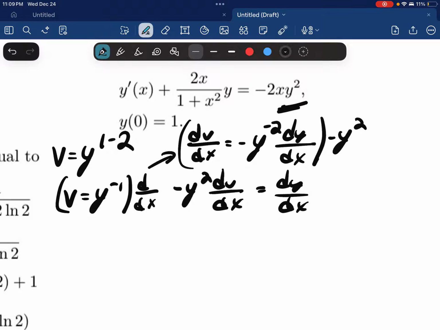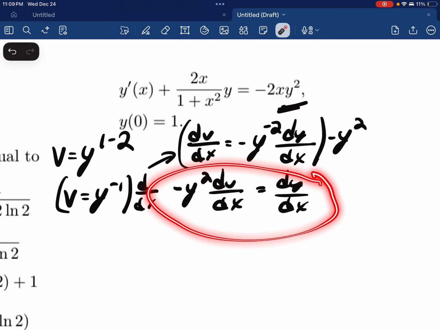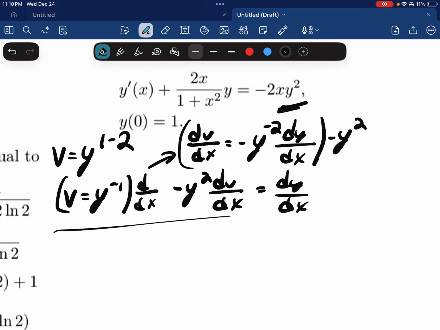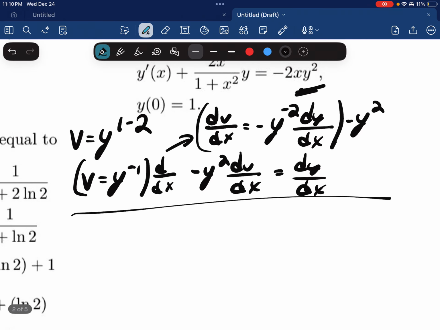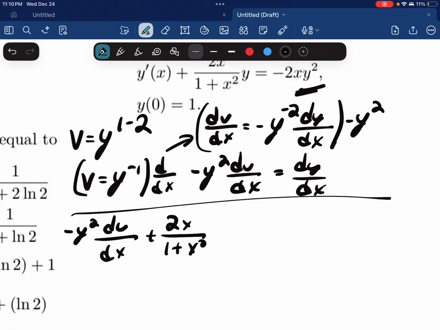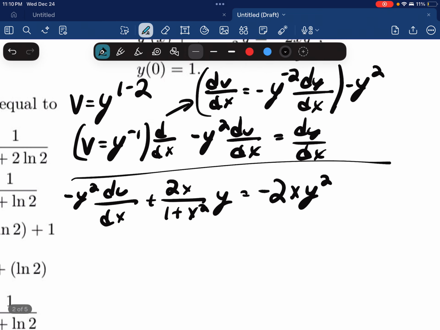Okay, now let us plug this into this equation. Let's do that. So what we get is negative y squared dv over dx plus 2x over 1 plus x squared y is equal to negative 2x y squared.